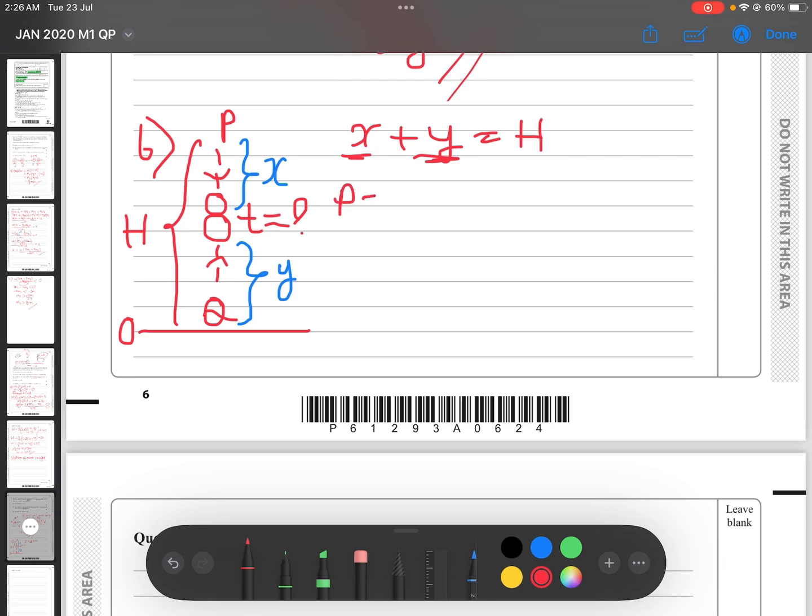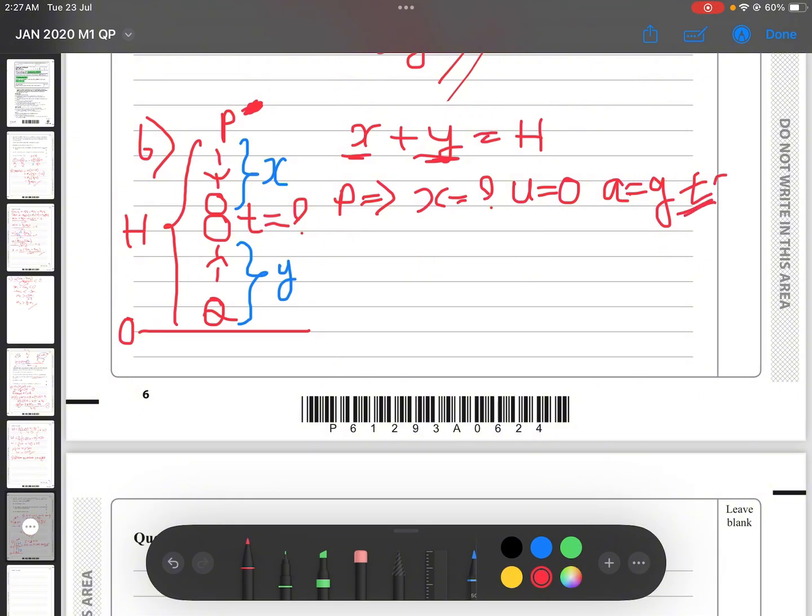For P, we are finding the distance x, that is a question mark. Our initial velocity is 0 because traveling down, it's going to travel with a different speed. The initial point is at its greatest height. Then acceleration, now it's falling down, so we take positive g, and then t, we'll just keep it as t.